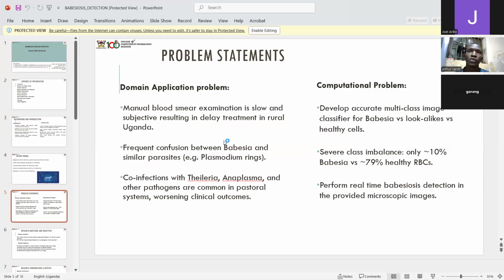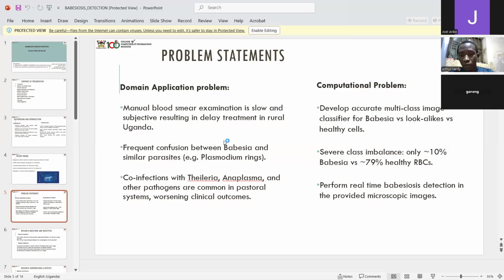Then the healthy cells, here we have the white blood cells and red blood cells. If the disease is diagnosed, it will be easier for us to detect that it is babesiosis, and if it is healthy, the red blood cells will be dominating.